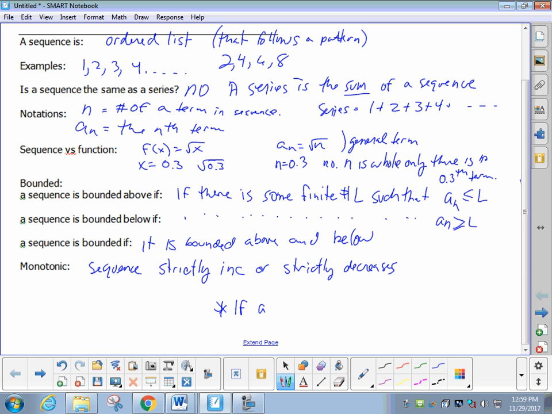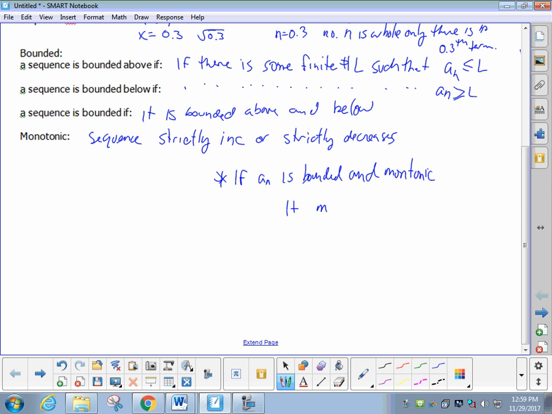If a sequence is bounded and monotonic, it must blank. Now, consider this.